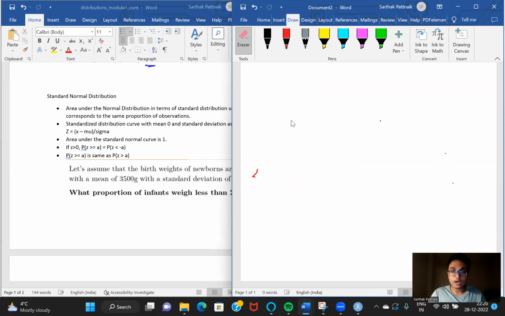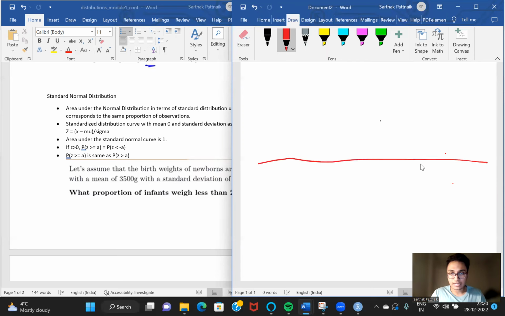Let me elaborate on this point a little bit more. Let's just say this is my axis, this is 0, this is mu, and this is what my normal distribution curve is.